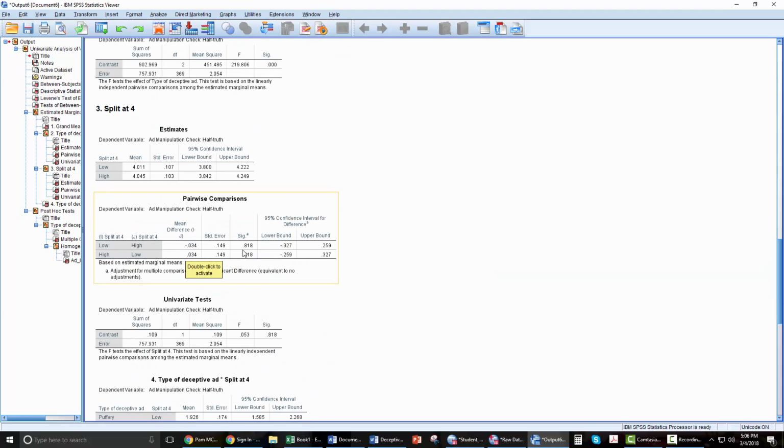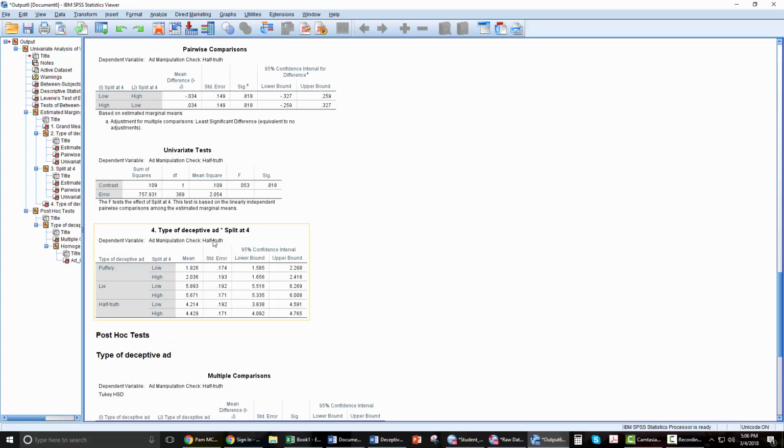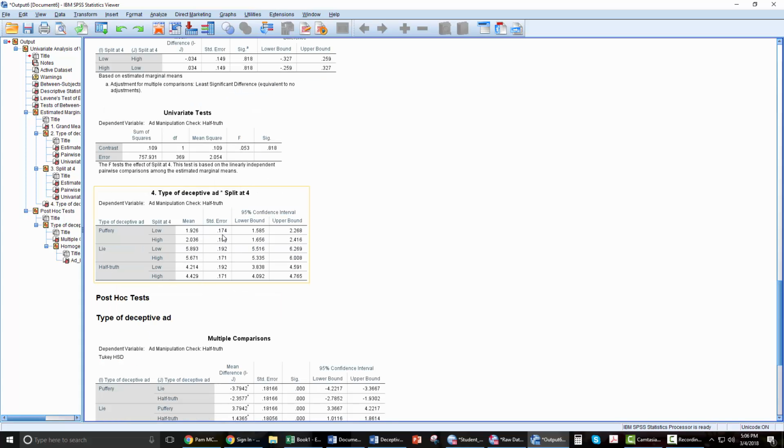It would just tell us that high and low had very different scores, and whichever one had a higher score is the one that's higher. Then we would go down to this interaction table, and it would tell us if there's some sort of significant interaction, such that does high skepticism make a bigger difference for puffery, or does low skepticism make a bigger difference for lies, or is there any sort of interaction between those variables?